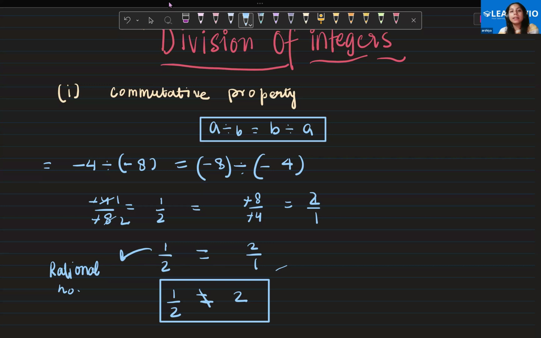Okay. Then what should be the closure property? No, closure property also not. They have given only the commutative property, okay?